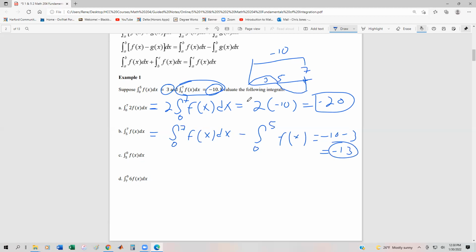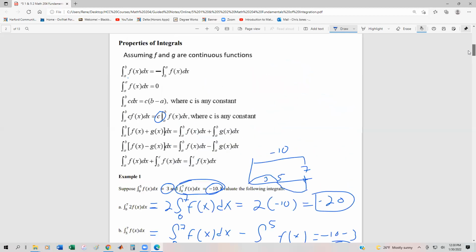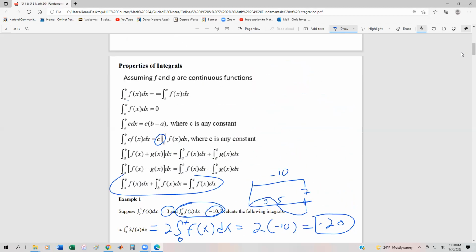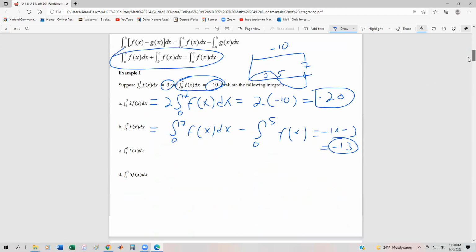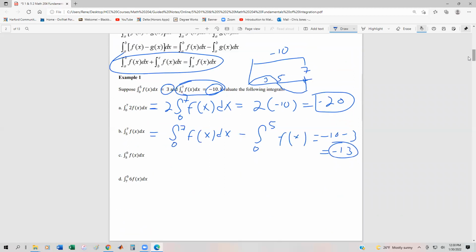So we're just using this rule of being able to divide up an integral right here. If we can find some intermediary value, then that's how we're going to split that up. This next one's pretty easy. We have the integral from 5 to 0 of f of x. Well, we have the integral from 0 to 5, so that's just the opposite of the integral from 0 to 5 of f of x dx. We're just flipping that over, and that's going to be equal to negative 3.